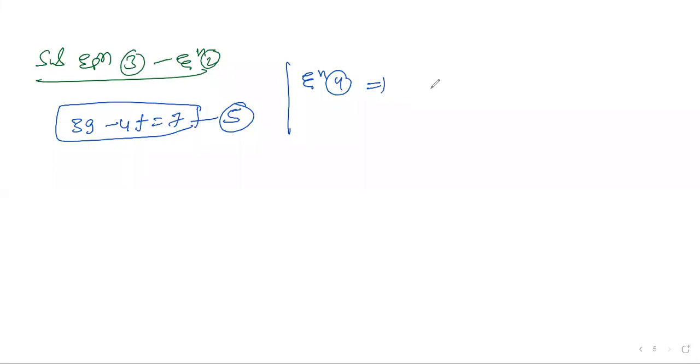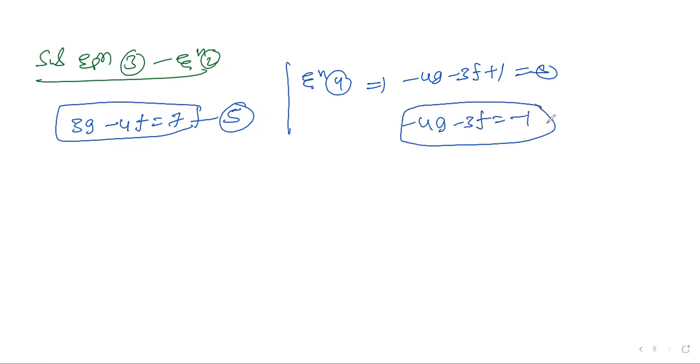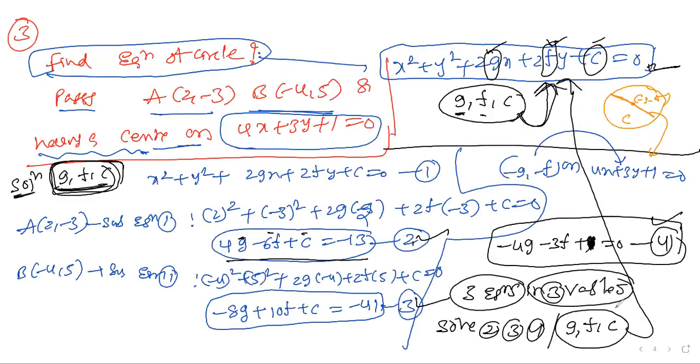It is minus 4g minus 3f plus 1 is equal to 0. This I can write as minus 4g minus 3f is equal to minus 1. This is the already known equation number 4.